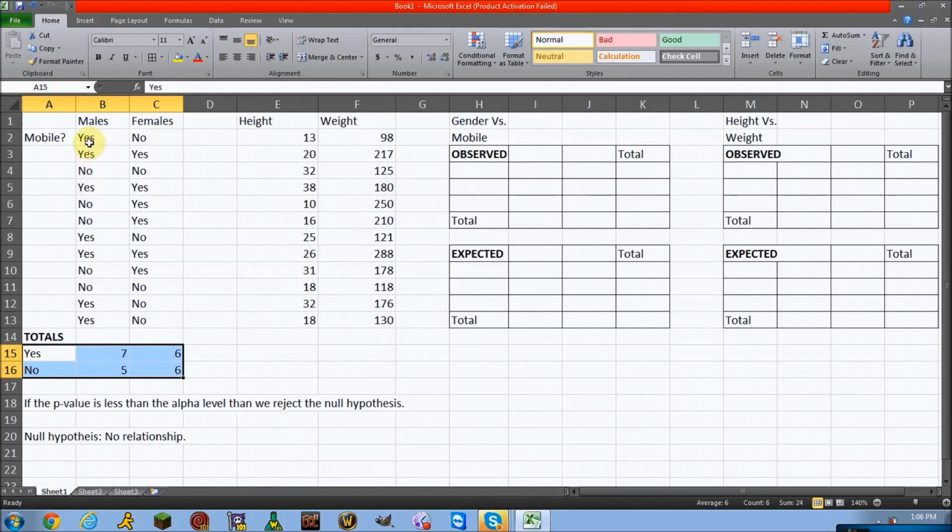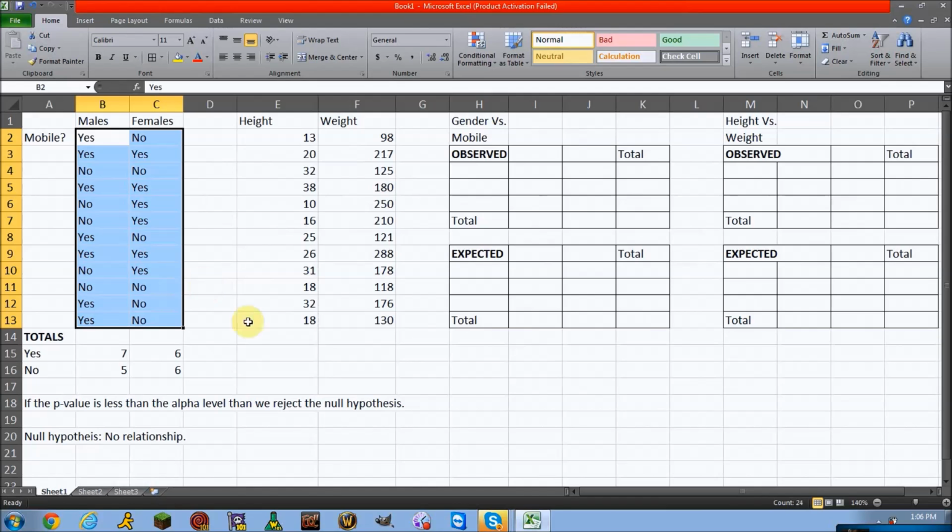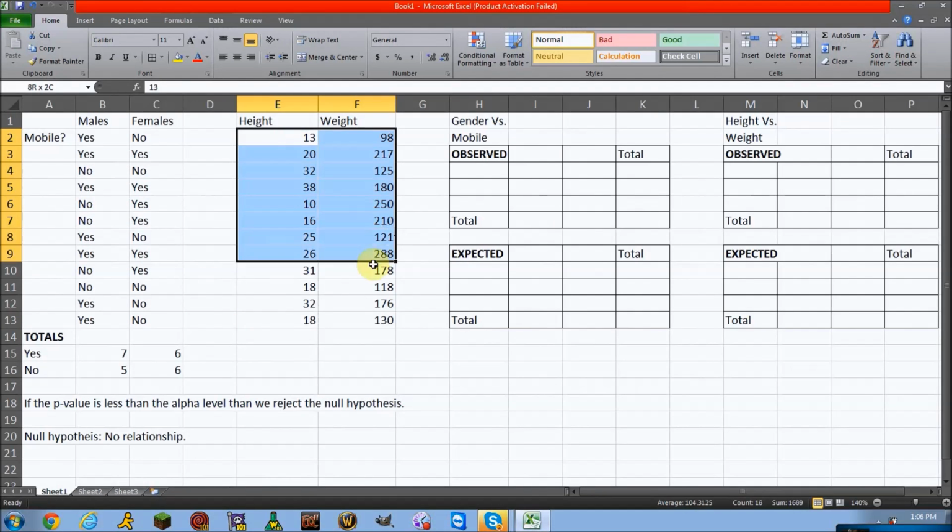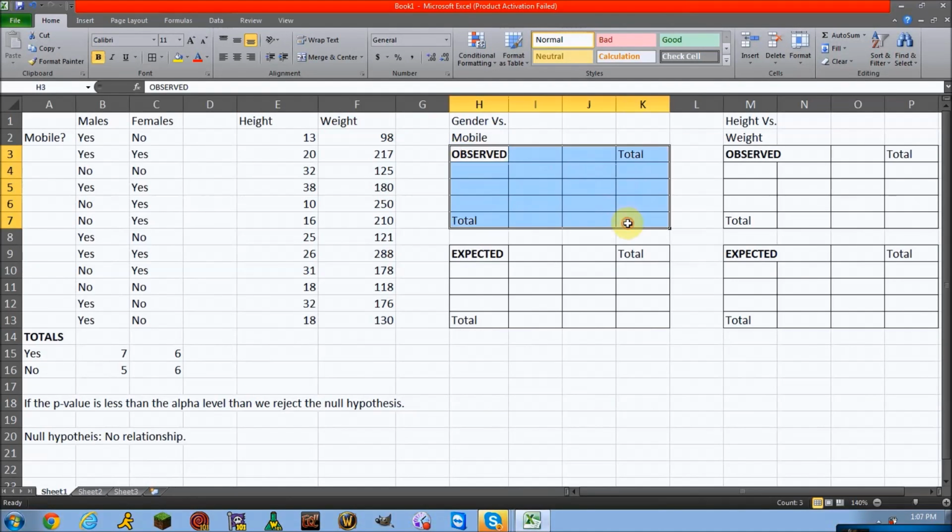So if you have descriptive data, it's actually a little easier. If you have numerical data, it's a little more time consuming. So now basically what we're doing is we're splitting up our data into categories. First you're going to start with your observed values. Your observed values are your data, basically what we collected.